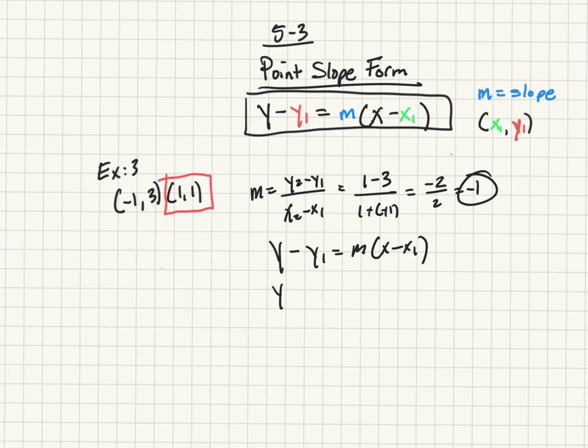So I have y minus 1 for my y1 equals, and then my slope is -1, and then x minus 1. And that's it. And that's my equation. So just to recap, the first thing you do is you find the slope. Once you get the slope, you pick one of the 2 points and plug it into the formula, and then you'll have your equation. All right, so that's lesson 5.3.